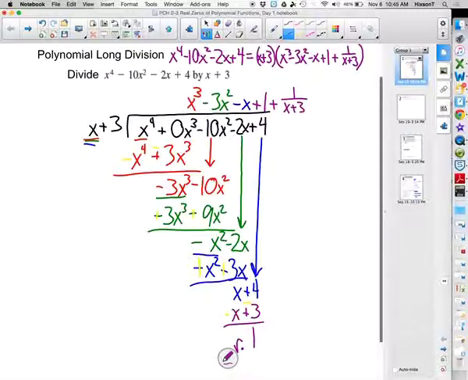So, division like this is one way of factoring out a polynomial, right? Now, it wasn't particularly useful in this case because we got a remainder.